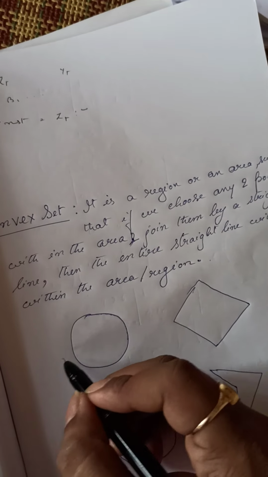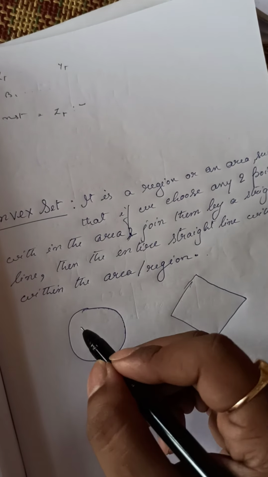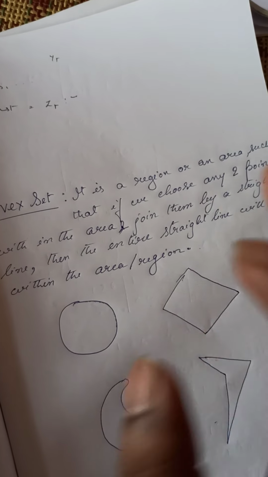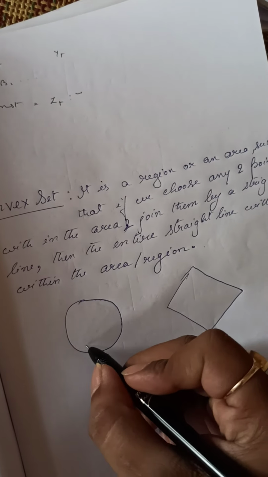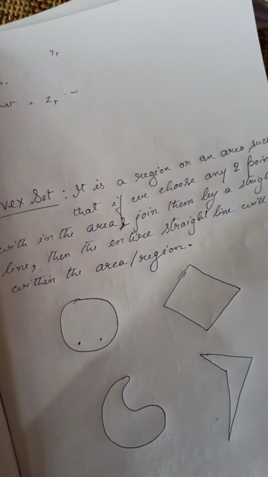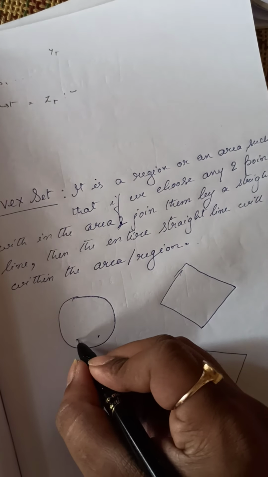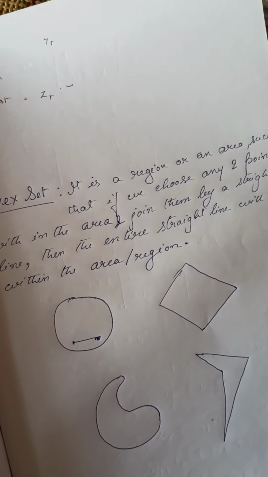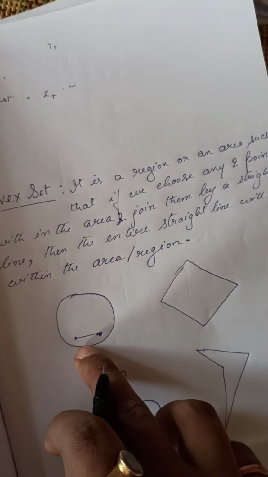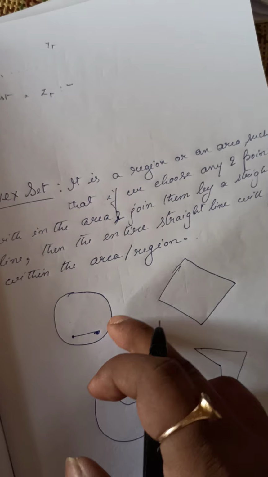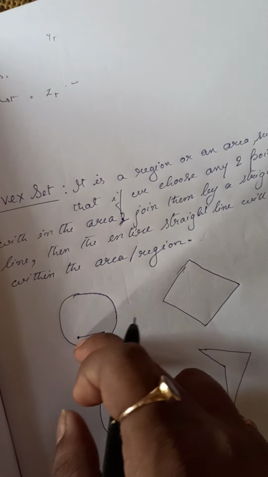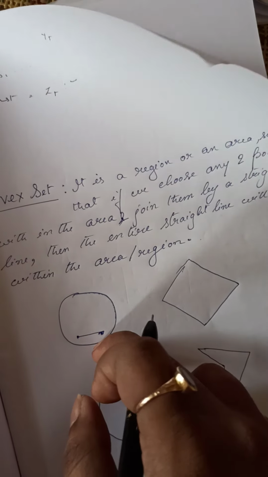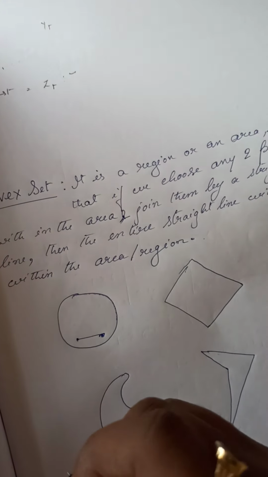Now let us take the case of the first diagram. Choose any 2 points within the diagram, say this and this. Now join these 2 points by using a straight line. Now what do we see? All the points within the straight line are lying within the area of the diagram. So it is a convex set.